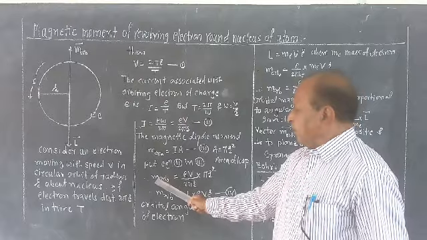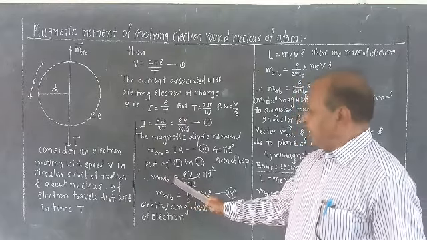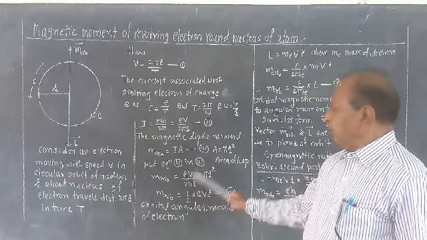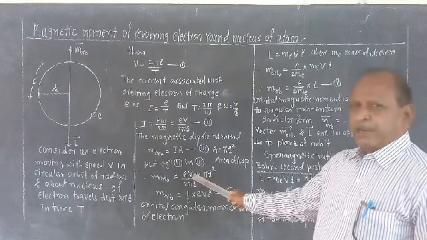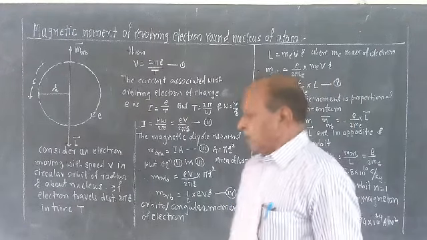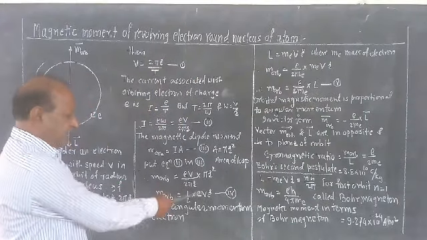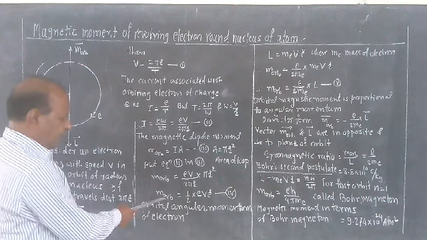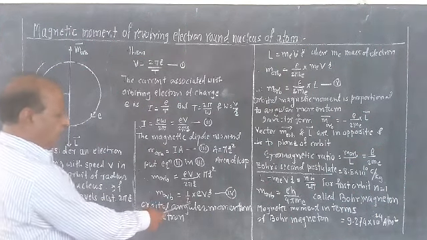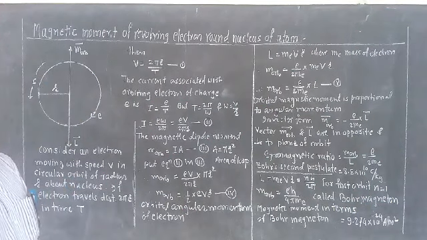Therefore orbital dipole moment is equal to e v divided by 2 pi r, equation number 2, into area pi r square. So pi gets cancelled, one r gets cancelled, and the final equation is M orbital is equal to 1 half e v r. This is equation number 4.